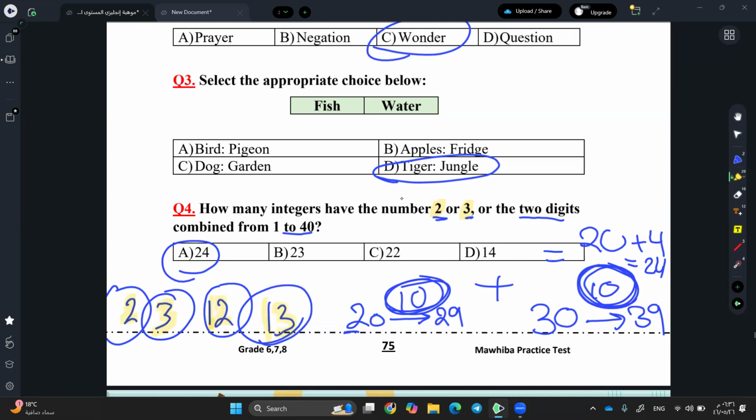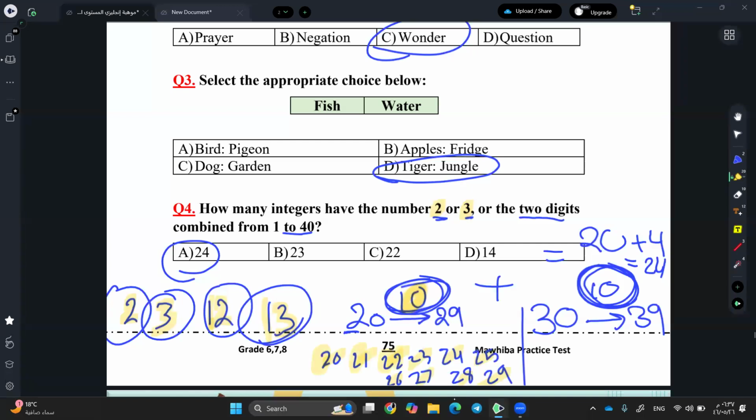And then from 20 until 29, it is 10 numbers because you can calculate it like that: 20, 21, 22, 23, 24, 25, 26, 27, 28, 29. So 10 numbers between 20 and 29 have the number 2 in their digits, right?